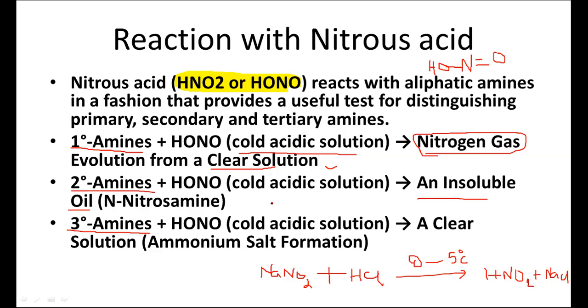It is not a clear solution. If it is a tertiary amine, a clear solution is formed, but ammonium salt formation takes place. No nitrogen gas is liberated, only the ammonium salt is formed.